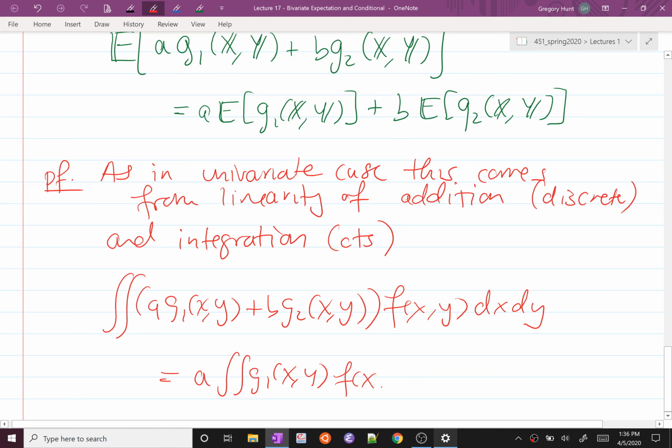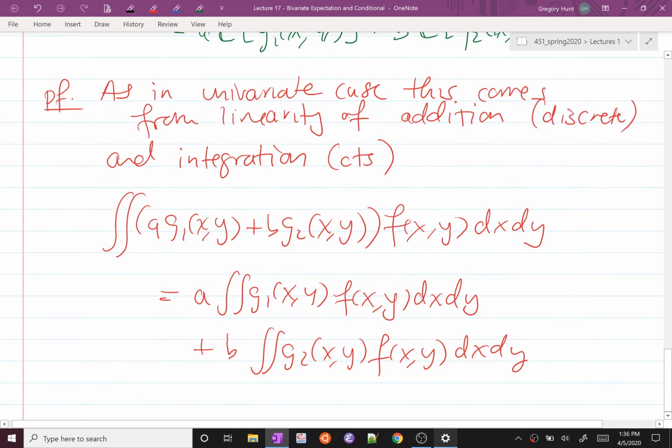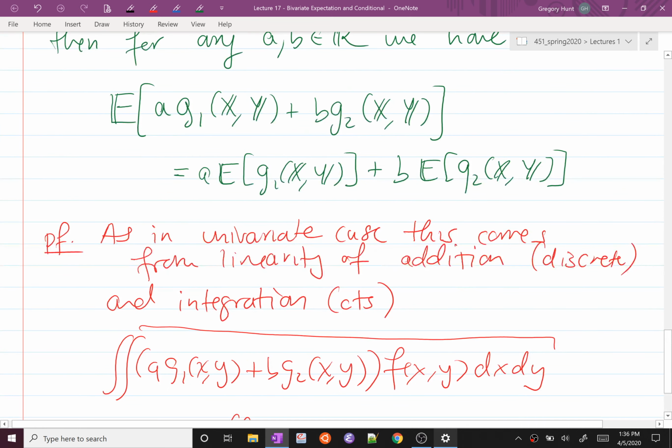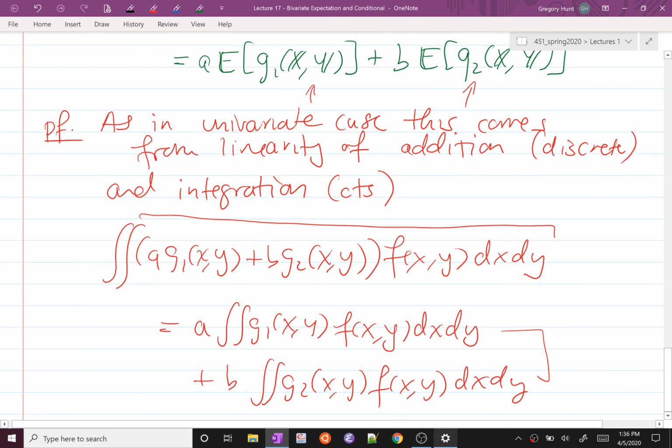We can certainly break this integral up like this: a times the double integral of g1 x y f of x y dx dy, plus b times the double integral of g2 x y f of x y dx dy, right? And so this first thing here is this first term here, and the sum of these two things is these two expectations, right?